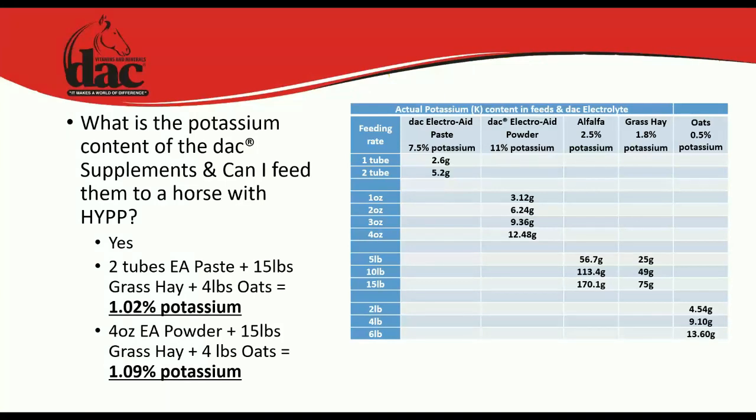So I'm going to do it in Google. 1.1% of 22 pounds in grams is 109 grams. So for an 1,100 pound horse, you probably don't want them eating more than 110 total grams of potassium a day. So you can see how the alfalfa is really going to mess you up there.